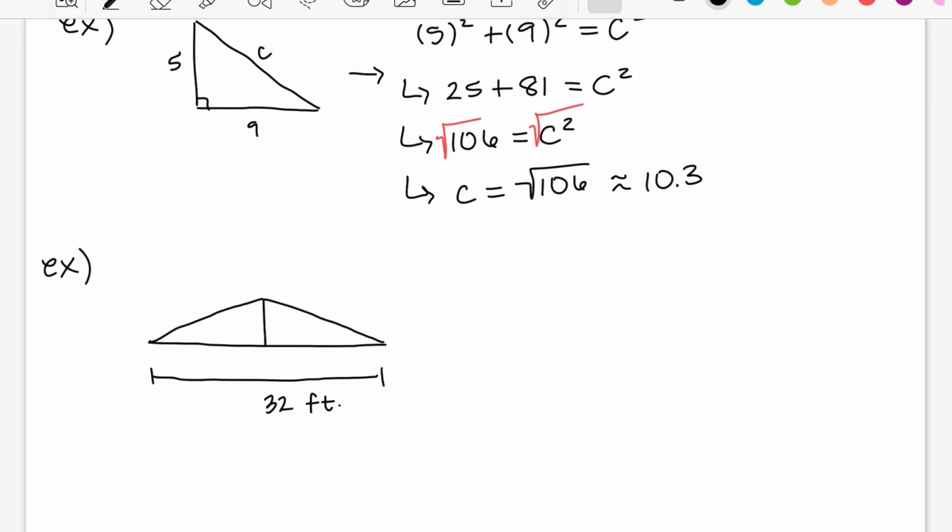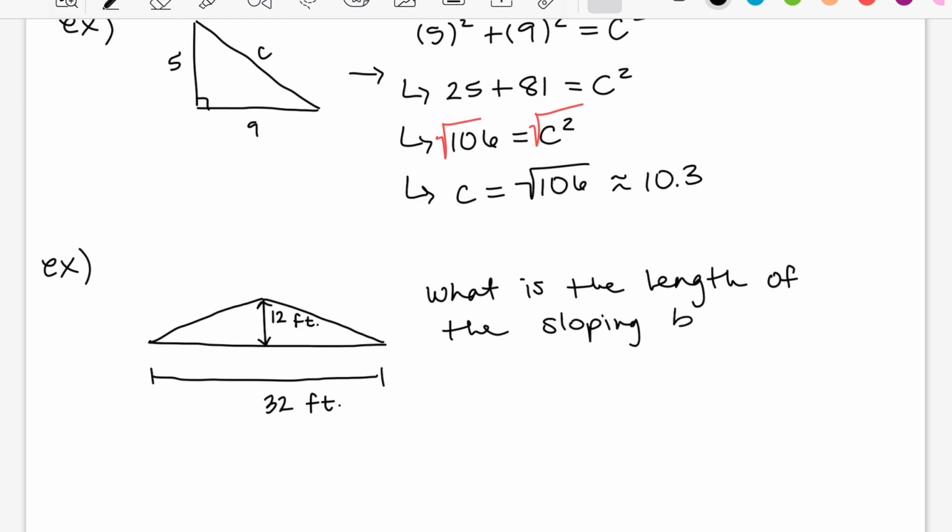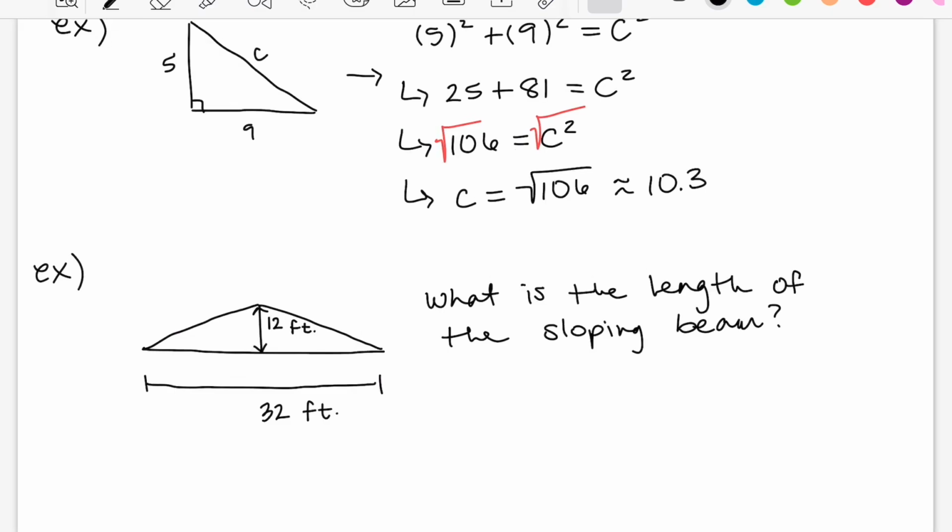And then we're told that the height of this guy here is 12 feet. And let's say you were asked, what is the length of the sloping beam? So we want to figure out what the length of this sloping beam is here.